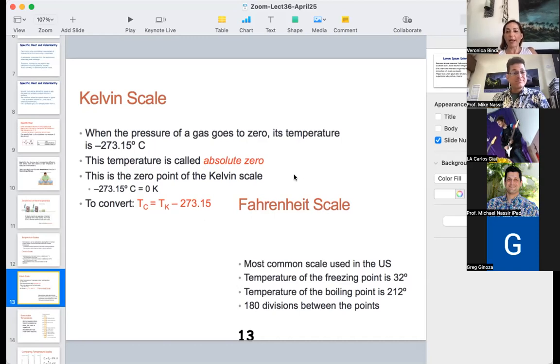Because, as Mike is an astronomer, he even knows better than me, the CMB, cosmic microwave background radiation, has a higher temperature, right, Mike? Do you want to say? Yeah, it's 2.7 kelvins. The universe as a whole is mostly at 2.7 kelvins. That's right. So the universe is at 2.7 Kelvin, so it's not absolute zero.